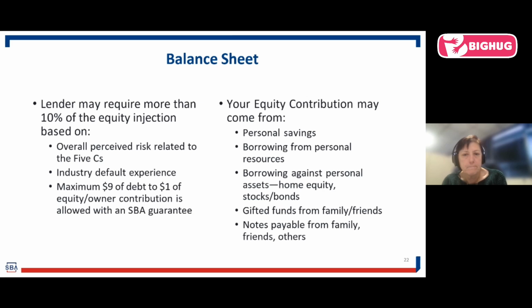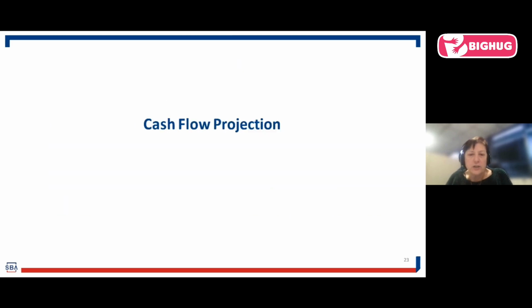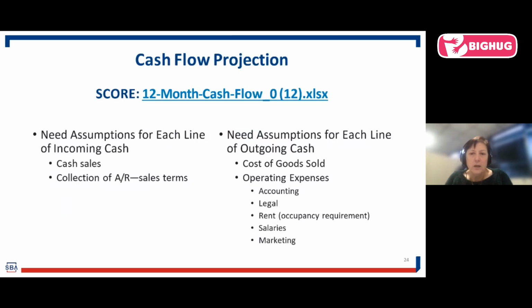Next slide, please. Cash flow projection. Next slide, please. Okay, put this in again. All right. I want you to remember when you're putting that cash flow projection together, for every line item that you have on there, you want to put your assumptions. Okay.